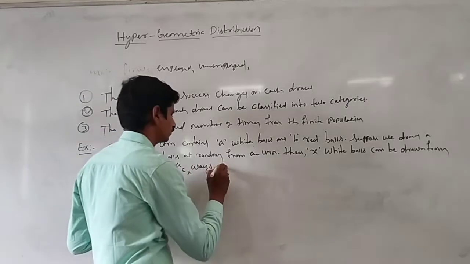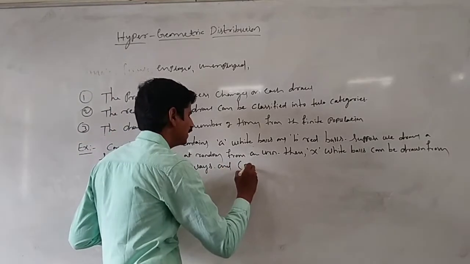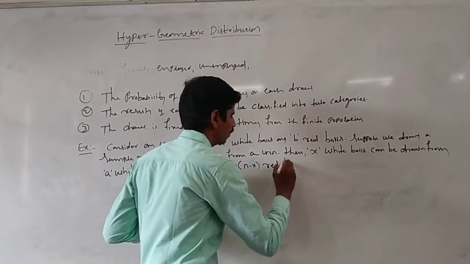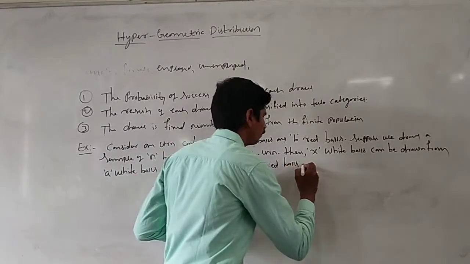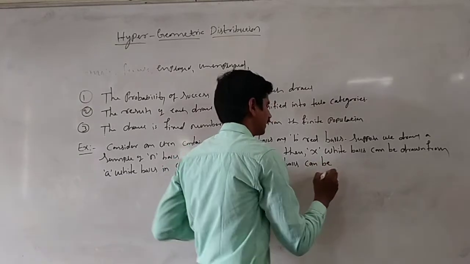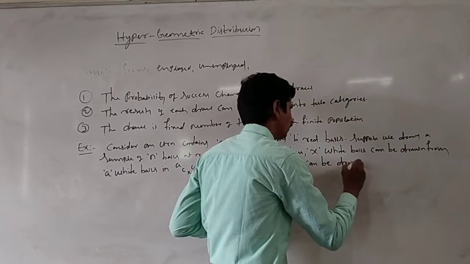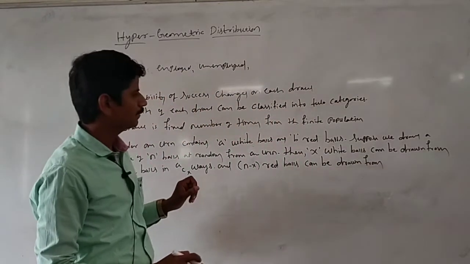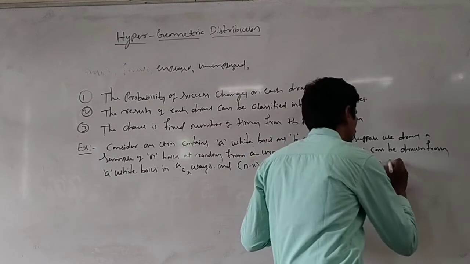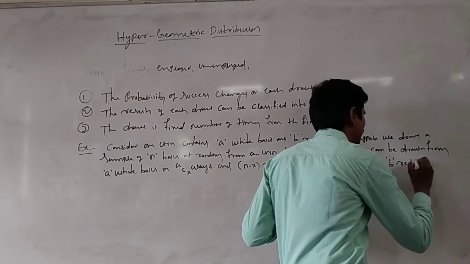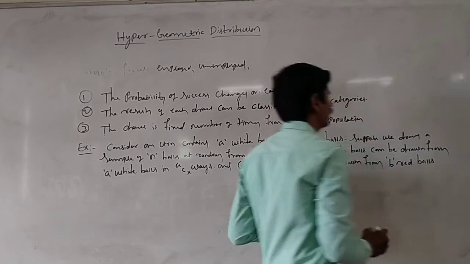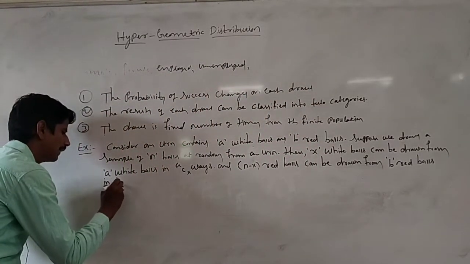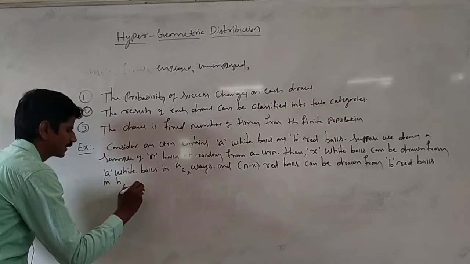And n minus X red balls can be drawn from B red balls in BC n minus x ways.